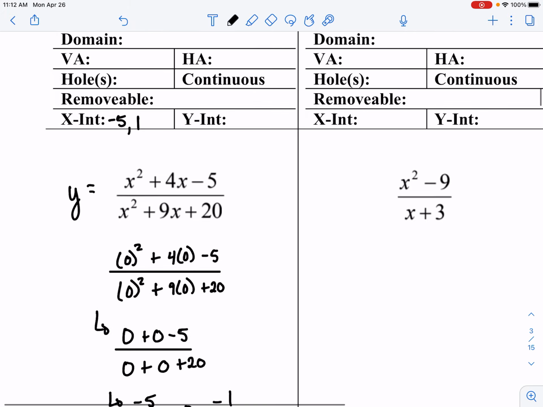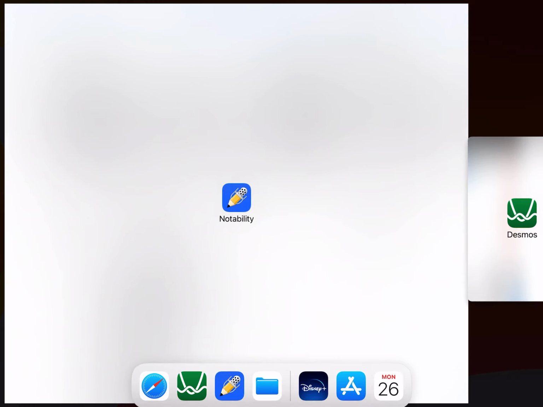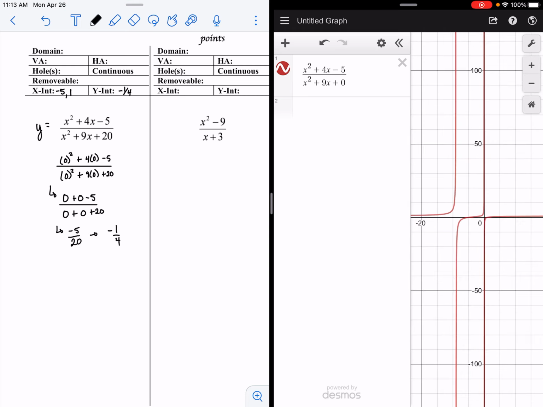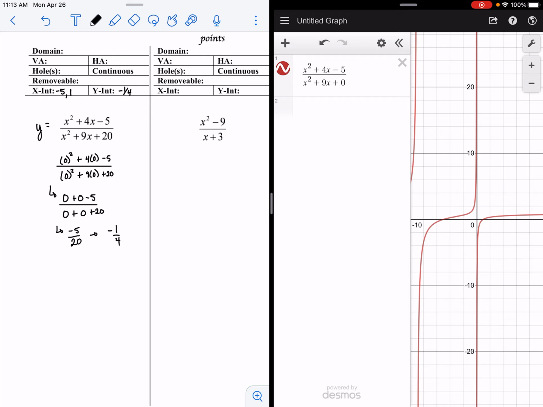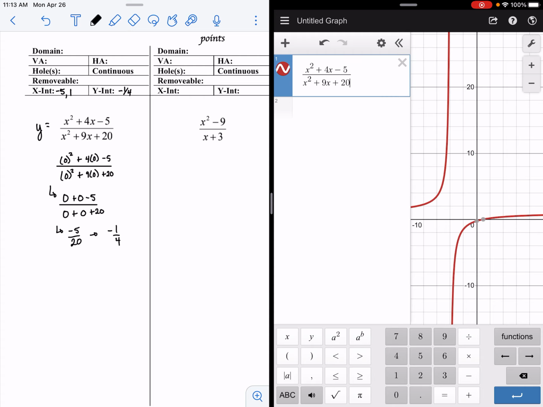I get negative 1/4. And maybe if I hit home to zoom back in, and so I actually made a mistake on this example because I kind of typed a little fast and I had something that was 0 versus 20.